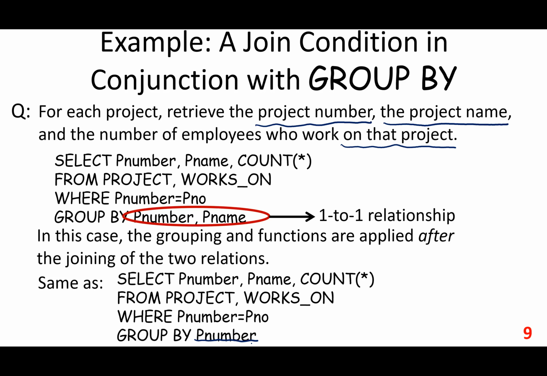Actually, it's all right. Even if one employee can work on multiple projects, when we do the counting, we count with respect to individual groups. For each group, we just want the number of employees working on this project. We just want that number.